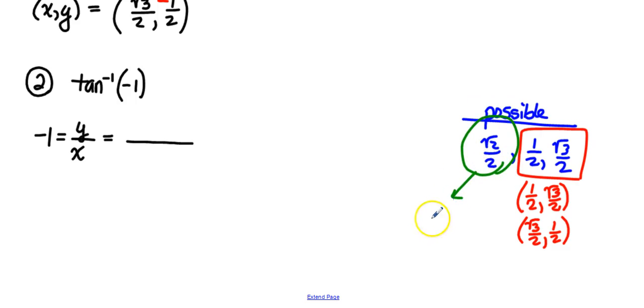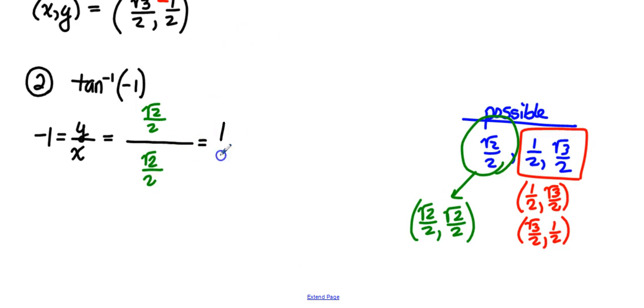I remember that it's always √2/2 comma √2/2, which is exactly what I need, because when I divide any value by itself, that equals 1.